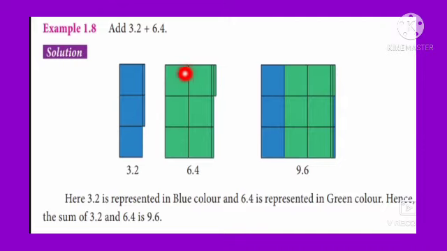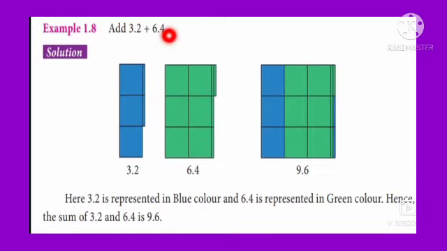And here 6.4: the 6 is in the whole number unit place, which is the whole part of a decimal, and represents a square area. So here we need to put 6 squares, 1, 2, 3, 4, 5, 6.